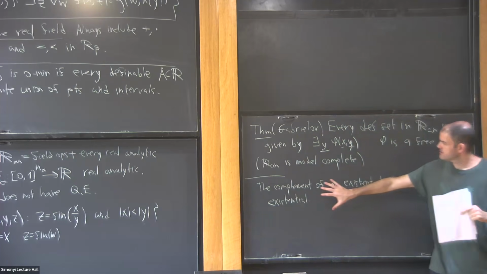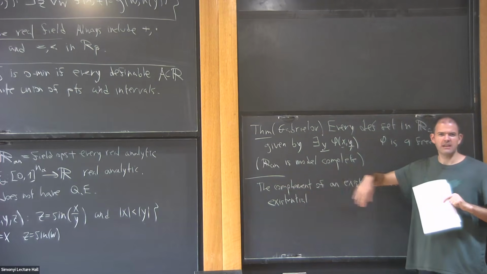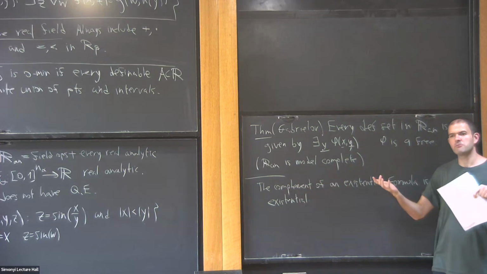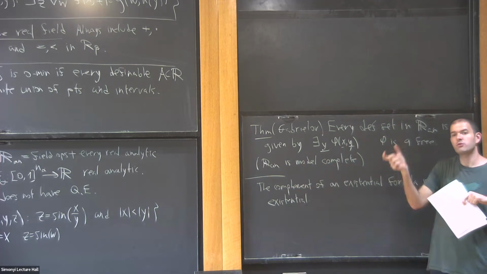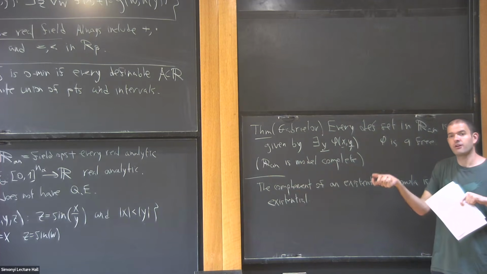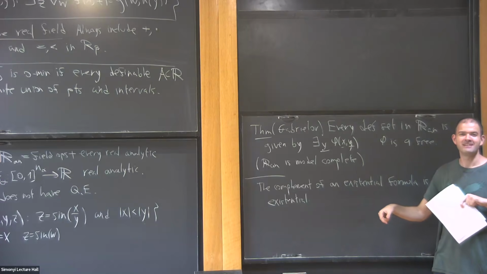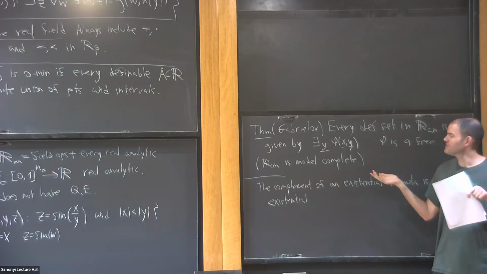So once you can show this, then if you have any more complicated formula, in every formula you can replace every universal quantifier by complement, existence, and complement again. It's De Morgan's law or something.